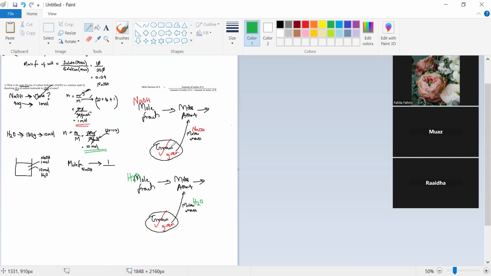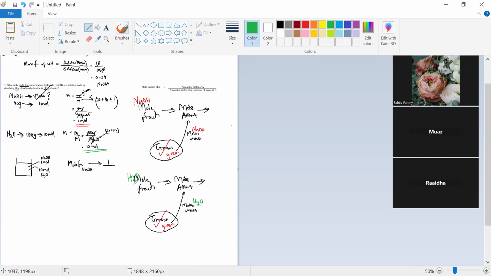So from the gram, you can get the mole amount if you know the molar mass. Do you know the molar mass? Yes, you can calculate it. Sodium is 23, oxygen is 16, hydrogen is 1. So all you have to do is add them up, and that number, you divide the grams given by this number, you will get the number of moles of sodium hydroxide.